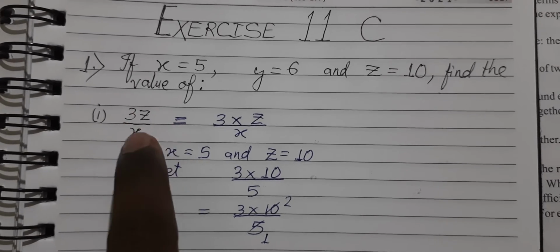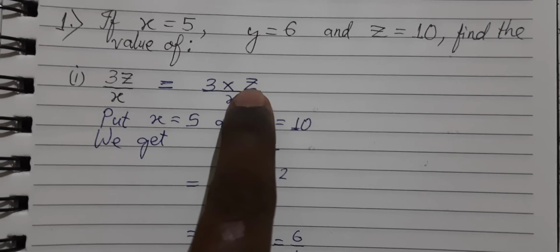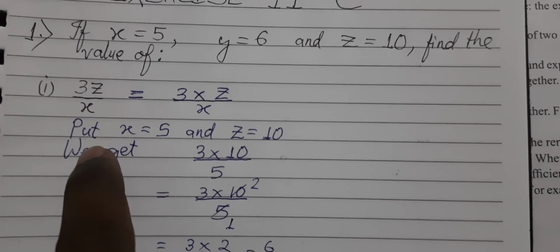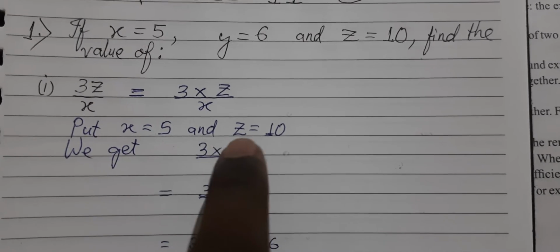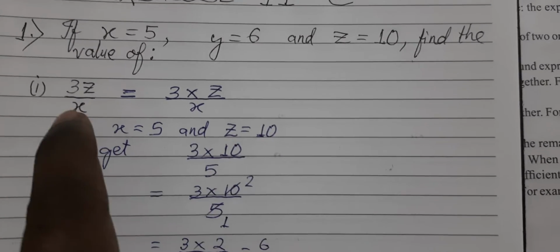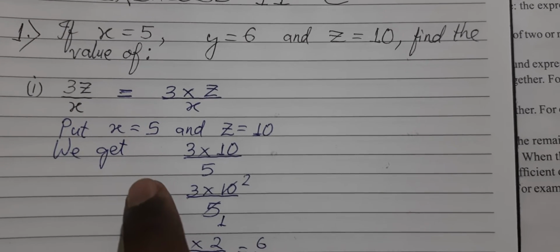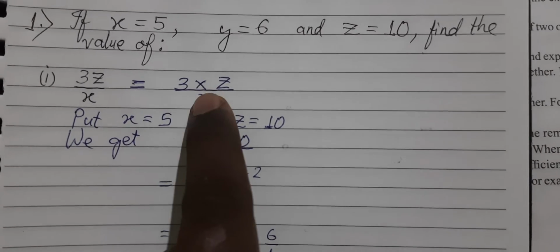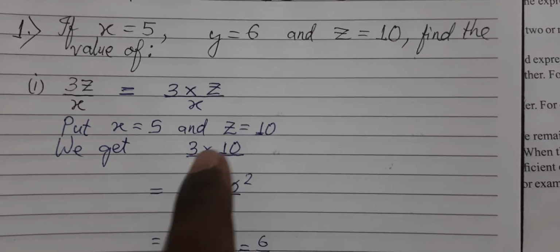This is the first algebraic expression, 3z by x. Now we all know 3z is written as 3 into z, by x. So as mentioned in the question, put x equals 5 and z equals 10. In this algebraic expression there is no y, so no need of y's value. So 3 into z, instead of z we now put 10.